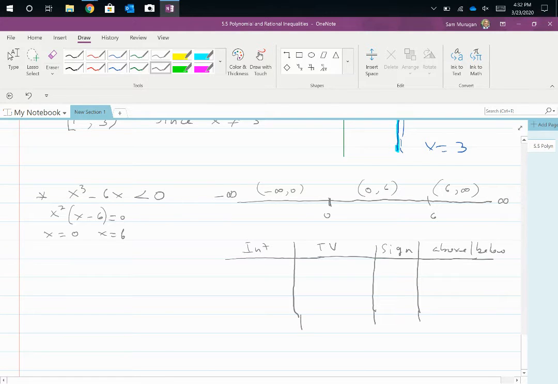Okay, so we're going to test a value between negative infinity and 0. Let's test x equals negative 1.